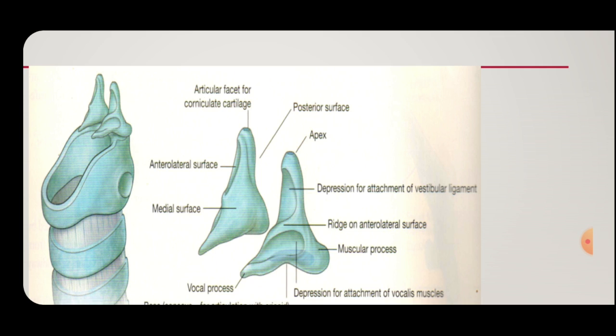Both the corniculate and the cuneiform cartilages are located in the aryepiglottic fold, that is between the arytenoid and the epiglottis.